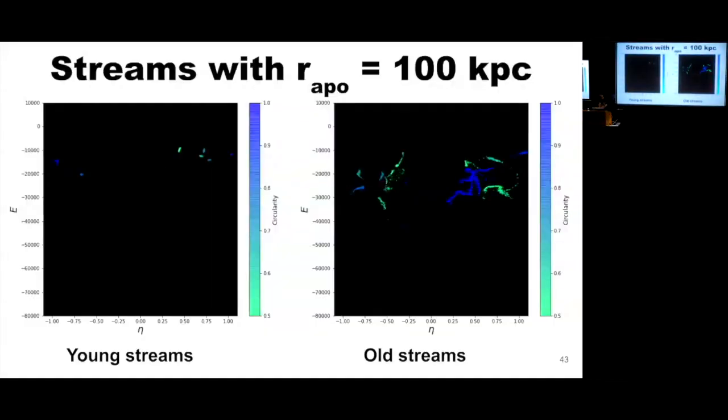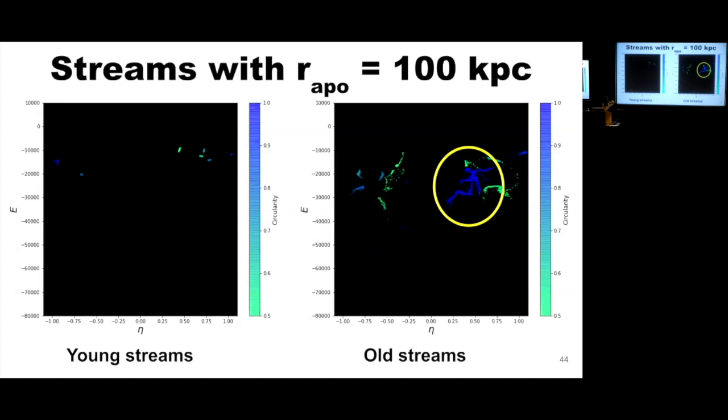Now, again, if you look at the same diagram for the same streams, but color them by their circularities, you can see the circularities for the prograde circular orbits. If you have a bluer color, the initial circularity is more circular.